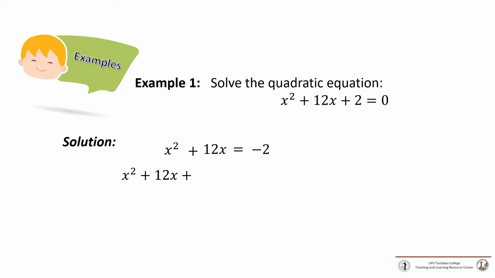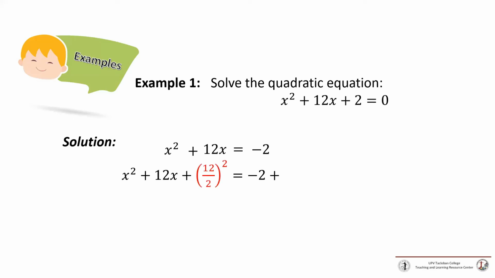So you have x squared plus 12x plus blank is equal to negative 2 plus blank, because we do not know yet what will be in the blank. We are going to look for the value that will be added to both sides of the equation.